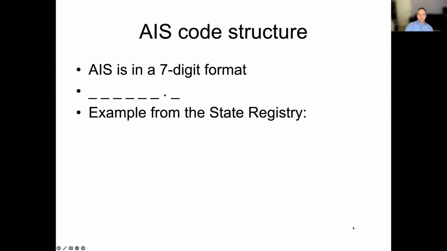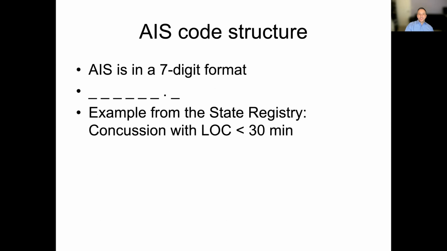And I'll talk about examples of those. So, an example from the state registry, a concussion with a loss of consciousness less than 30 minutes. You have this 6-digit code, and these all correspond to different qualifiers that aren't pertinent to this lecture. But this 1 is the body region, so that's the head, and the 2 here is the severity. So that's a 2 out of 6.